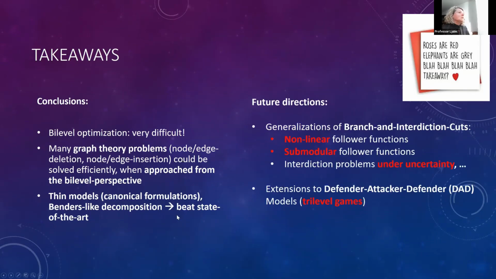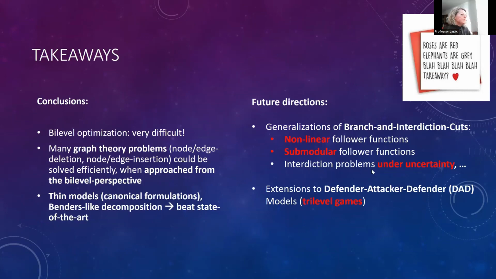What is interesting for future work? Well, how can we exploit these ideas, for example, when the follower subproblems are nonlinear, but hopefully convex? What if the follower problems are submodular? Or what if we have to involve uncertainty? And the uncertainty can be at the upper level, at the lower level.